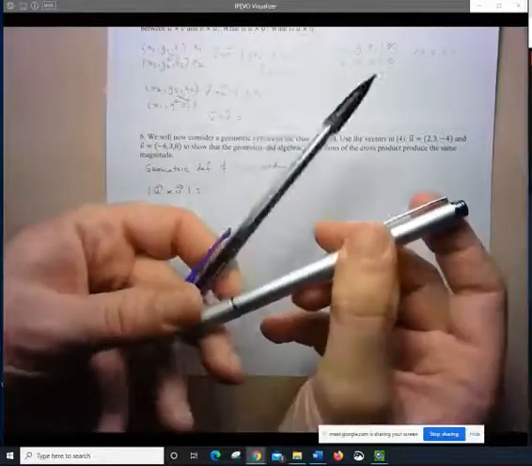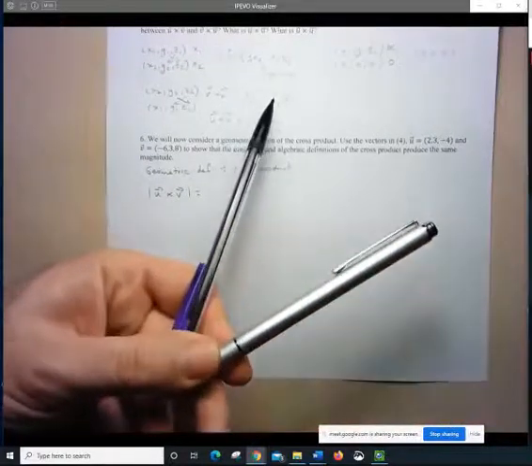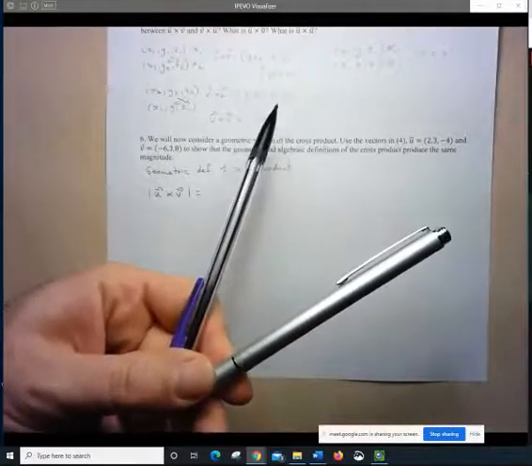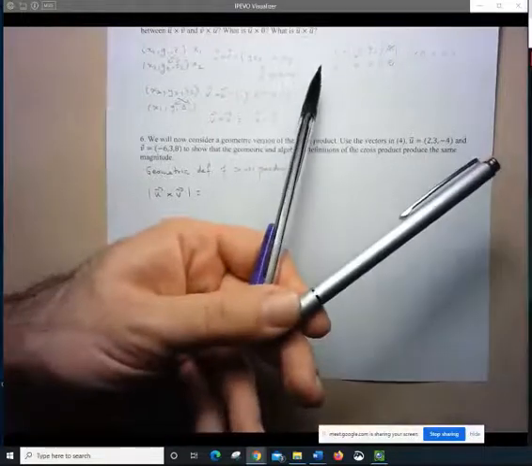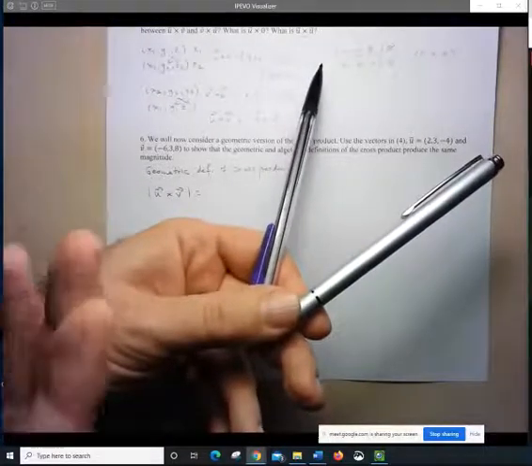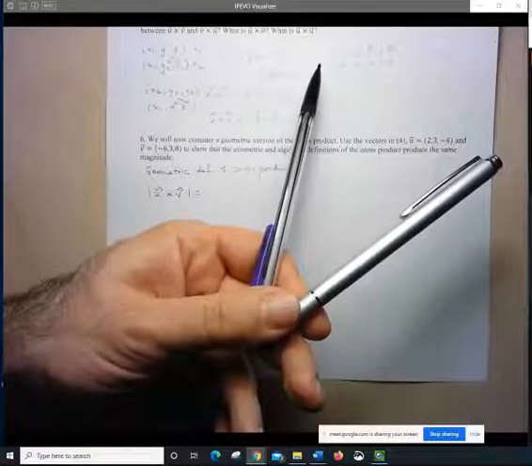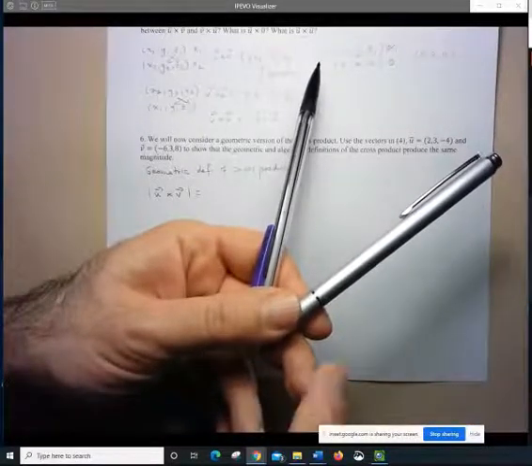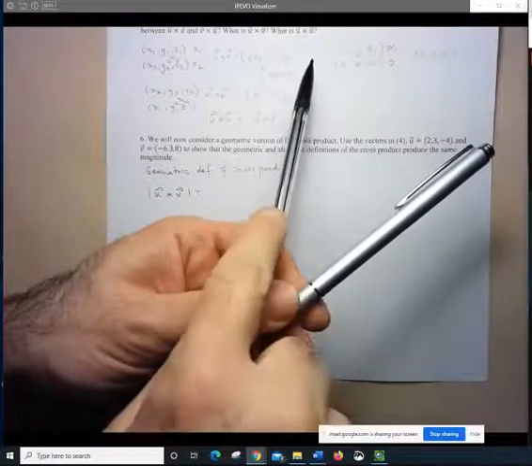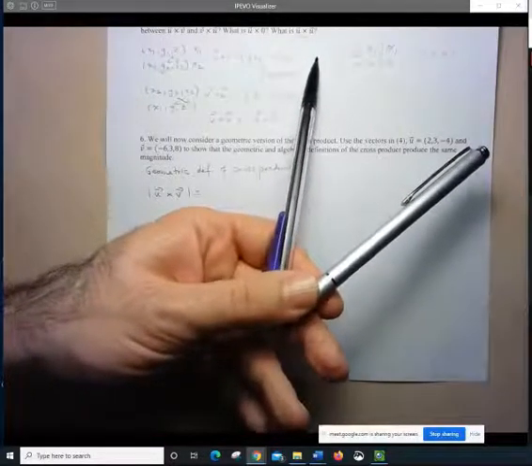So let's say I have my two vectors and I want to find the cross product using the geometric definition. Well, we're going to see the equation that gives us the magnitude of this vector. The way in which we get the direction is, let's say this is vector u and that's vector v, we use the right-hand rule.